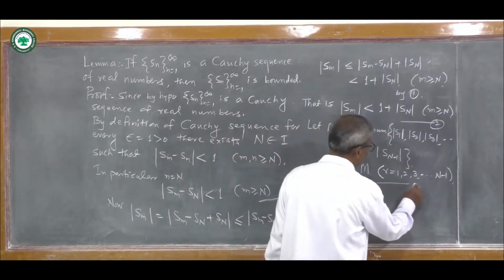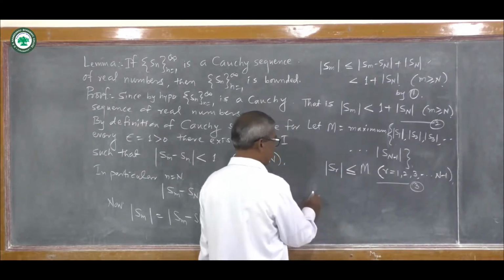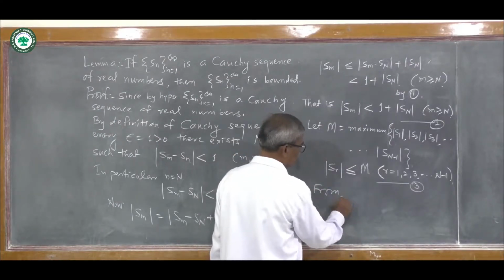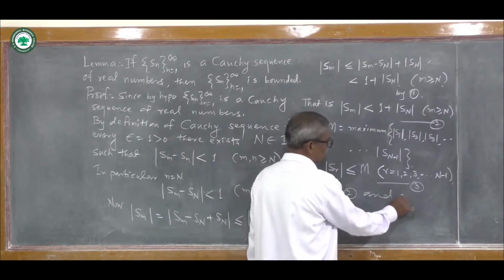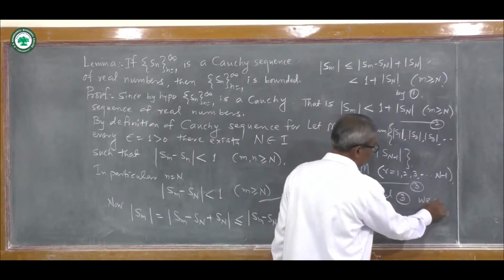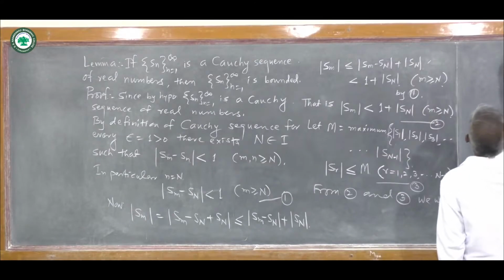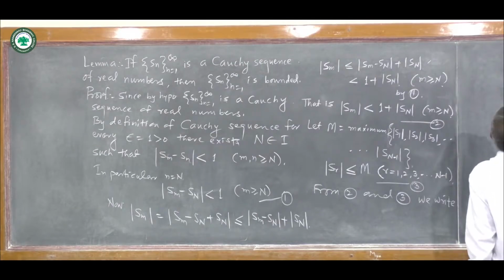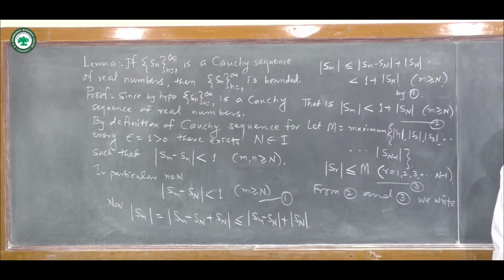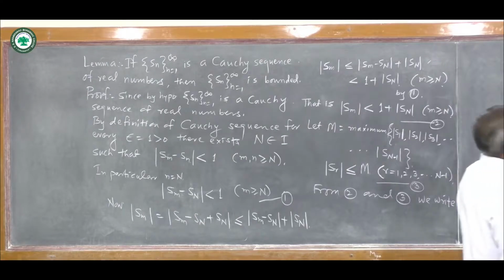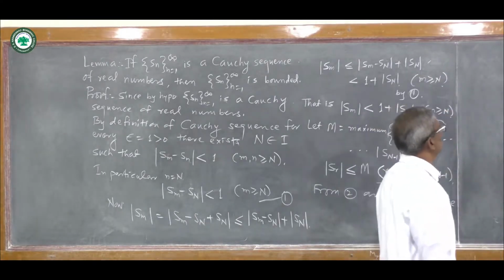This is relation 3. From 2 and 3 we write modulus of S suffix M is less than 1 plus capital M plus mod Sn, the nth term of the sequence, for all M belongs to I, meaning for all M equal to 1, 2, 3, and so on up to infinity.